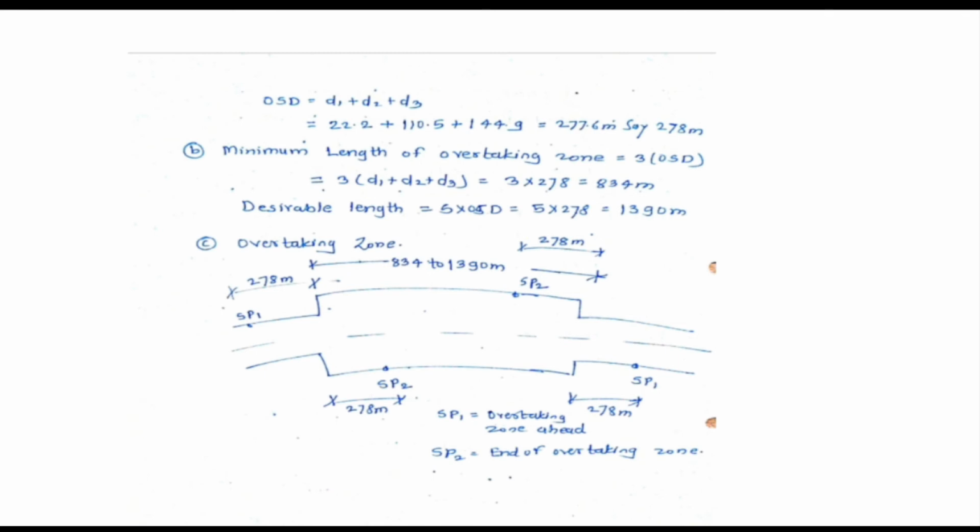Now the C part, that is to draw the figure showing the overtaking zone and the starting post and the end post. If you observe the figure here, SP1 is the starting post of the overtaking zone ahead and SP2 is the end of the overtaking zone.